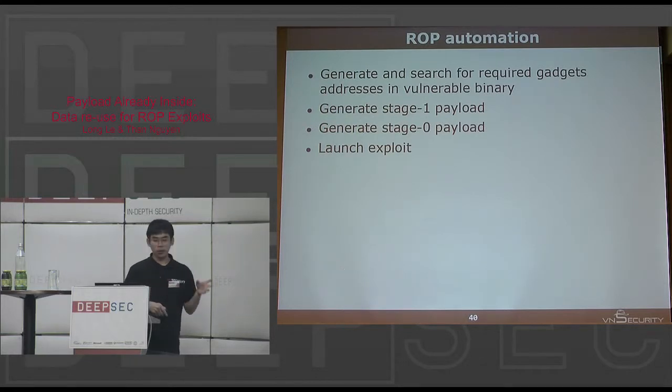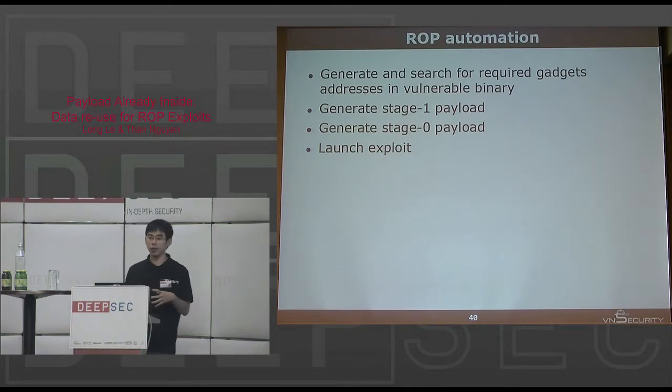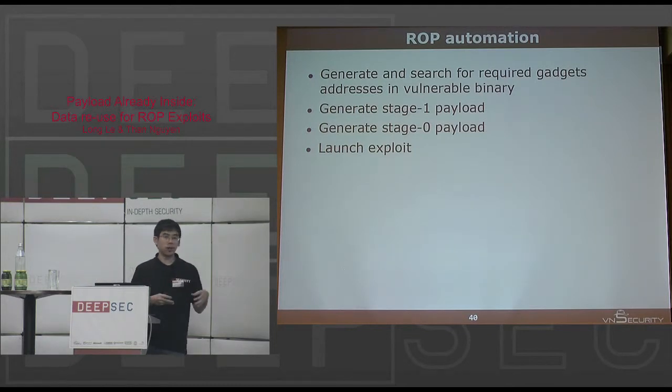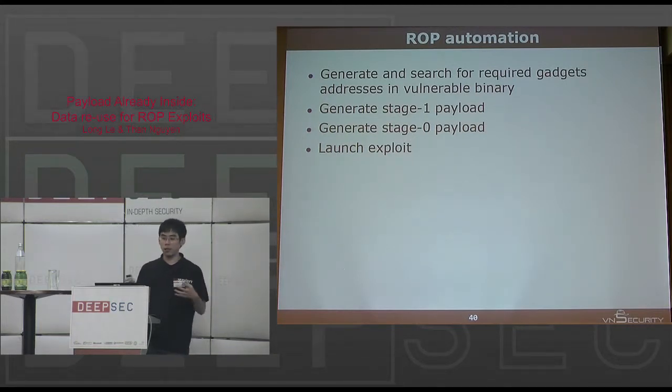Then based on what I just presented, we're trying to write a library where we can automate all the things we presented before, like calculating offsets, GOT overwriting, finding the ROP gadgets, and doing the GOT overwriting and dereferencing. This actually takes a lot of time to do manually.